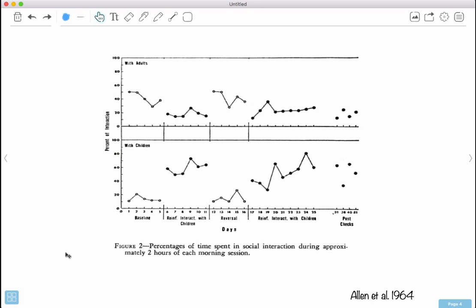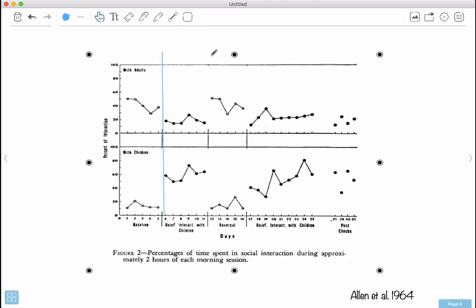Finally, let's look at a graph from the readings that you had this week. So here is a reversal design. It was in 1964, so they don't really meet the types of standards that we have for drawing single case design. So I'm going to draw some phase change lines here. They do have the phase change lines.